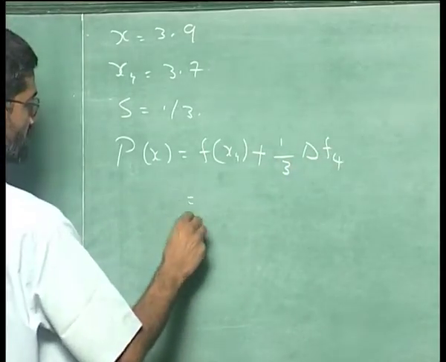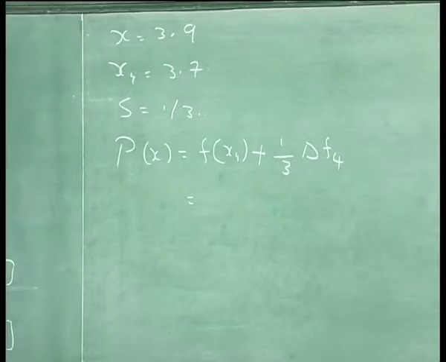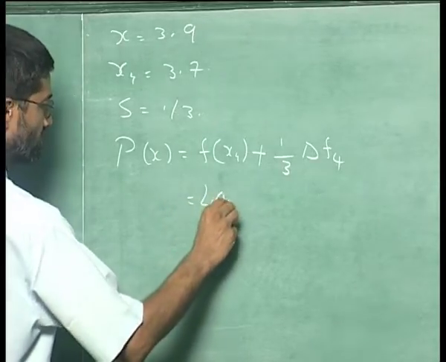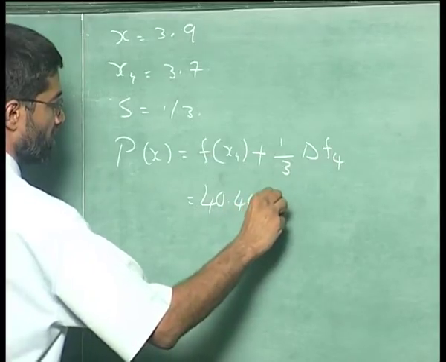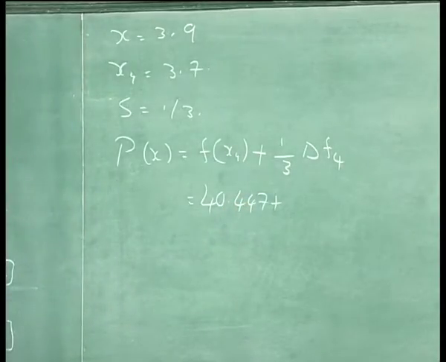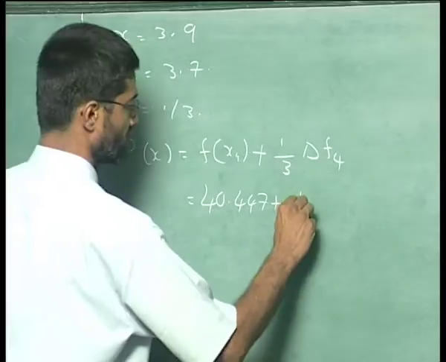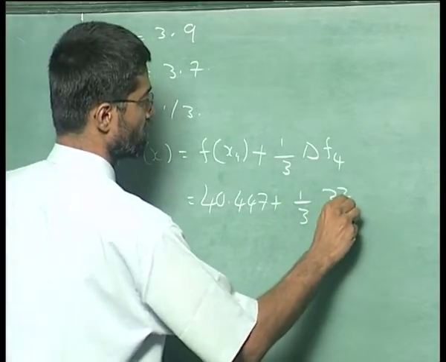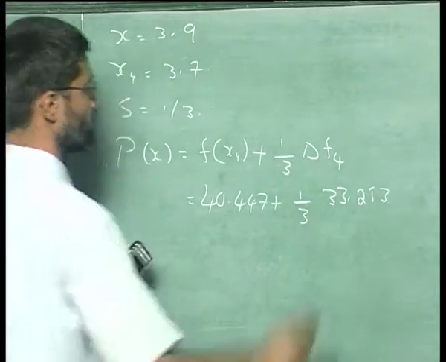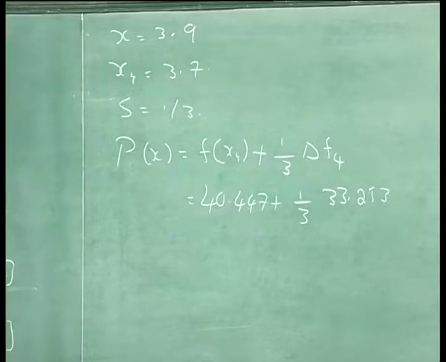So that turns out to be what we see here: 40.447 plus 1 by 3 of 33.253.